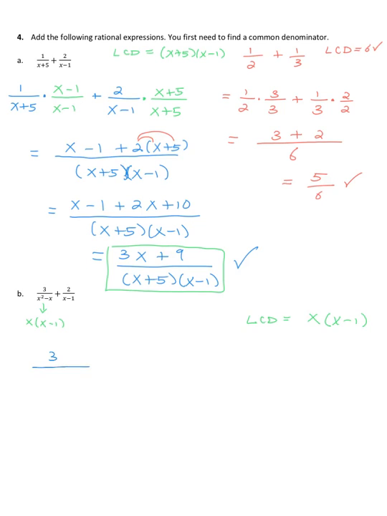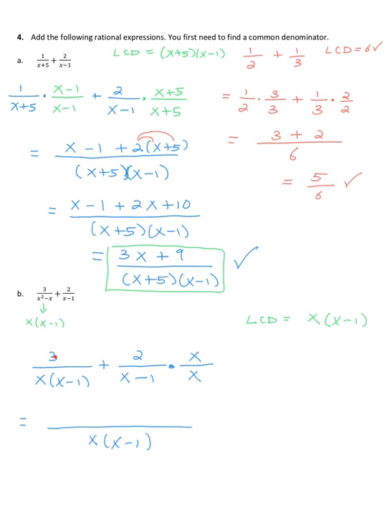For my first fraction, I'll write it as 3 divided by x times x minus 1. And I'm claiming that for my second fraction, I can simply multiply in what is missing to end up with the least common denominator. And the thing that is missing is the x. So now I can express this as x times x minus 1, my least common denominator.